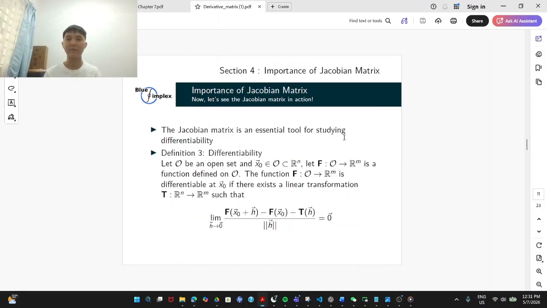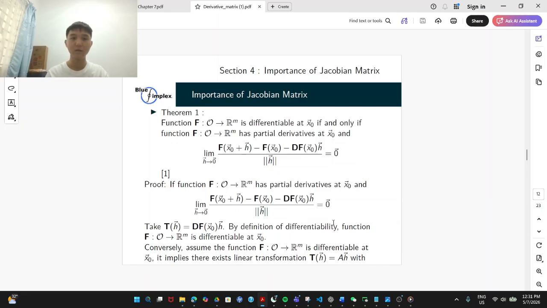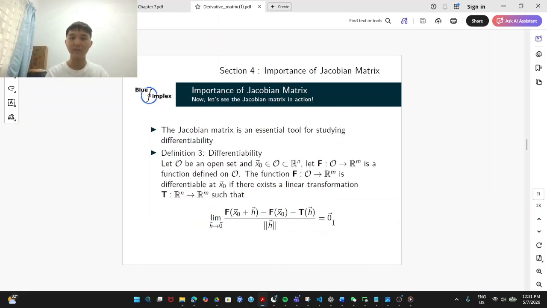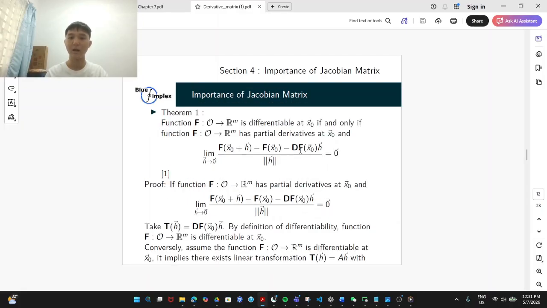After talking about the derivative matrix, we will talk about the importance of the Jacobian matrix. The Jacobian matrix is an essential tool for studying differentiability. This is the definition of differentiability: the function f is differentiable at the vector x naught if there exists a linear transformation T such that this limit exists and is equal to the zero vector. After learning the Jacobian matrix, we can know the linear transformation T precisely, which is the derivative matrix at x naught times the vector h.